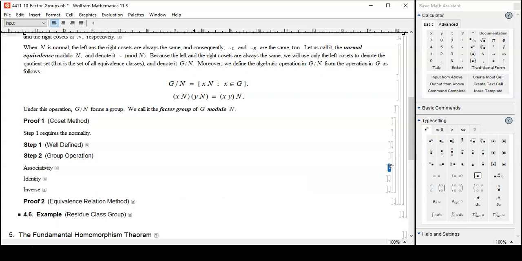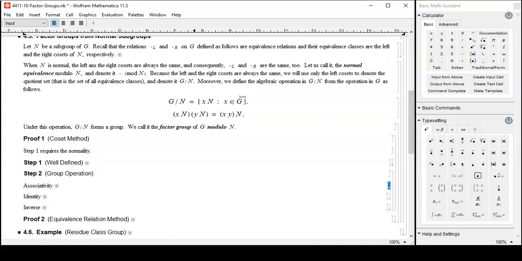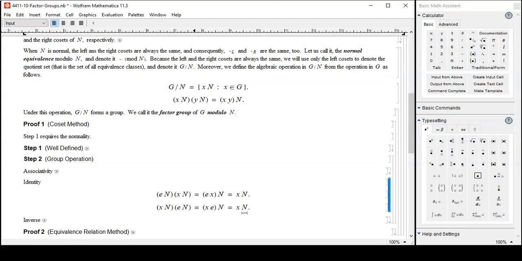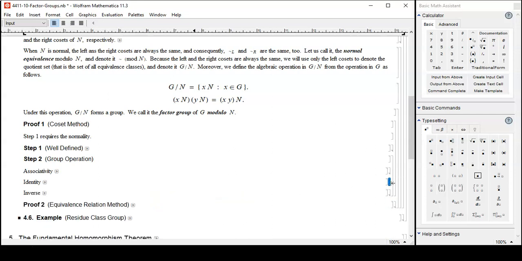And how about the identity? Well, the operation was induced from that of G, so you have to use e in G. So eN, that's a natural choice. So eN is the identity, as you see here and also there. How about the inverse?